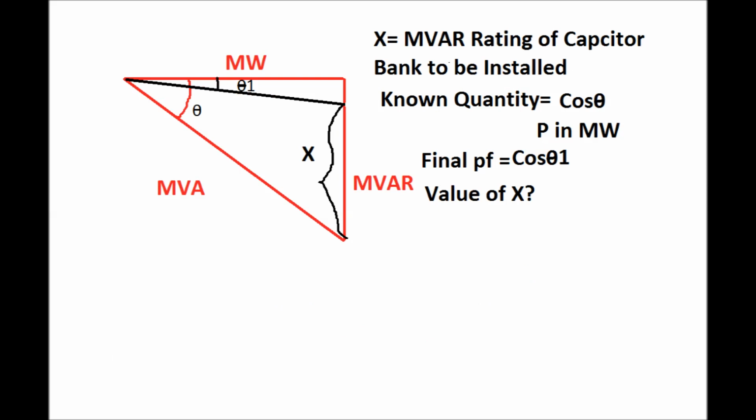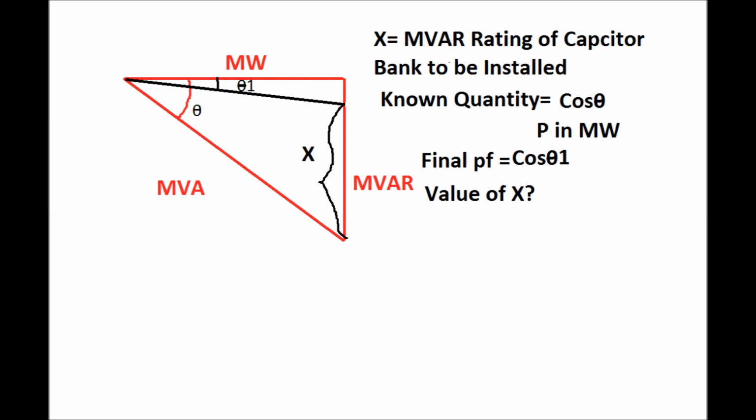A load in megawatt is given, that is, the active power of the load is given, and the initial power factor of the load is cos theta, and this power factor is to be improved to the final power factor, that is cos theta 1. So what is the value of the capacitor bank required?